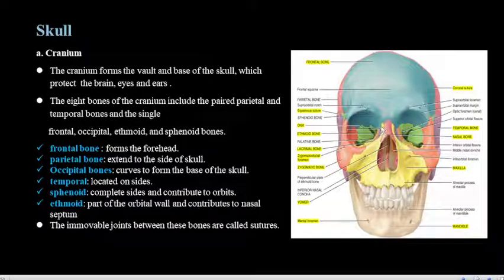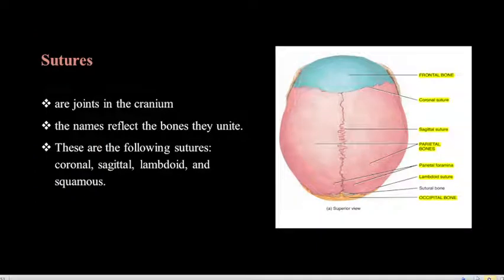So, nasa nose banda. We also have immovable joints such as the sutures. When you say sutures, these are the joints in the cranium, and they connect the different bones of the cranium.